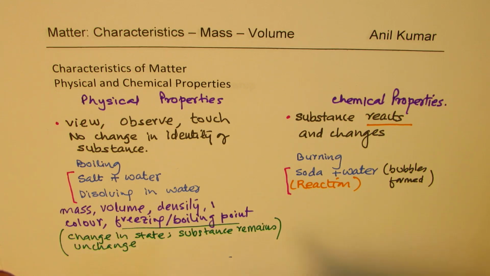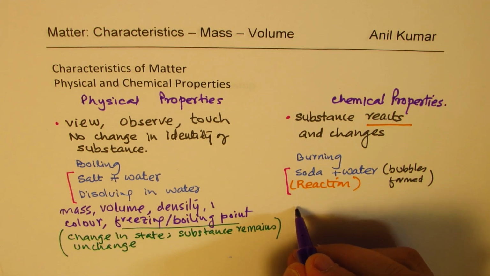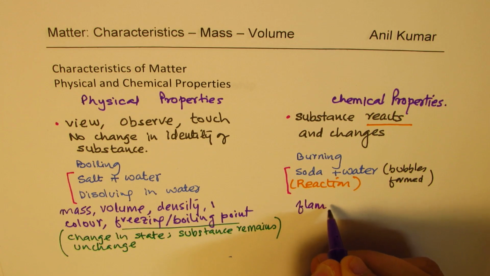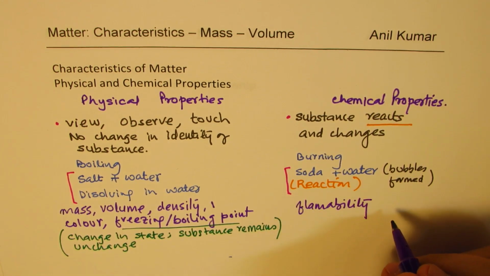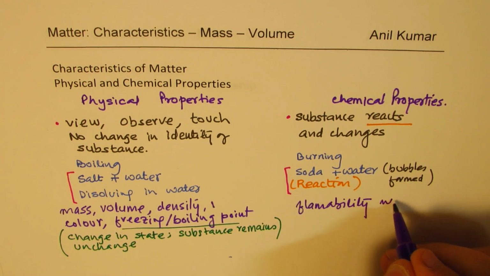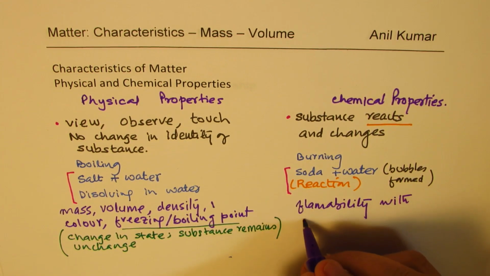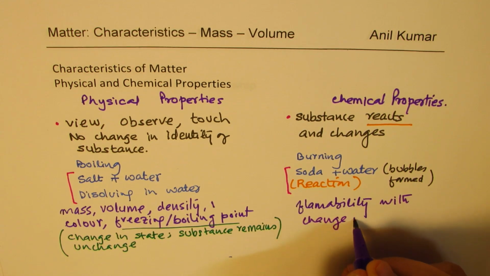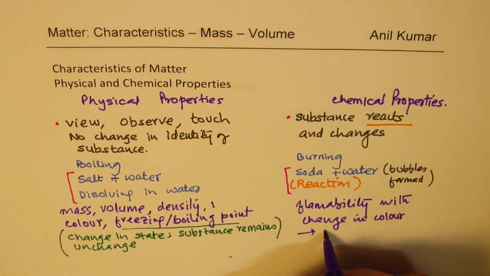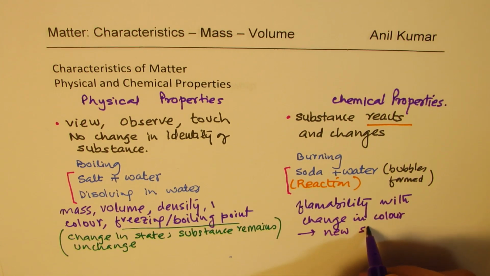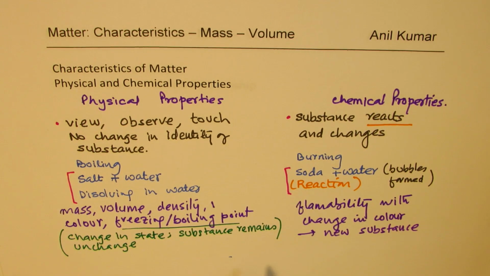So flammability, with change in color, gives a new substance. So flammability will become a chemical property.